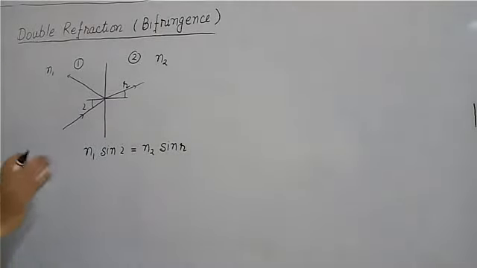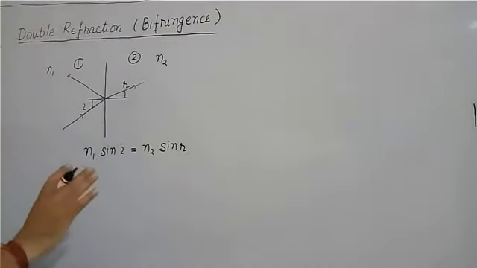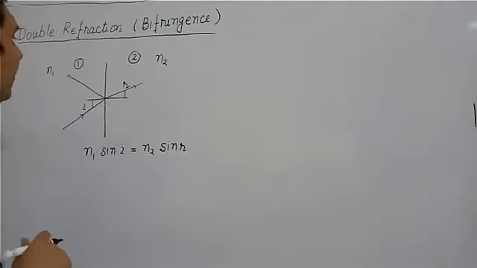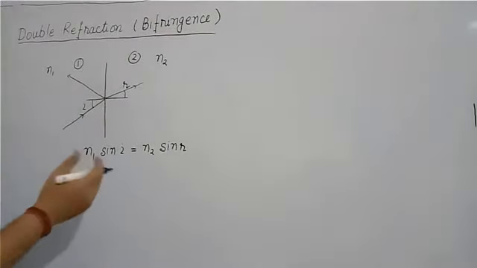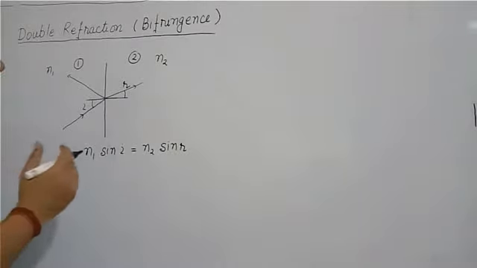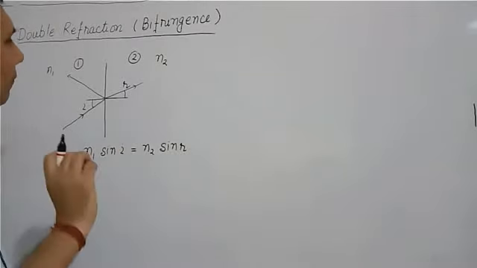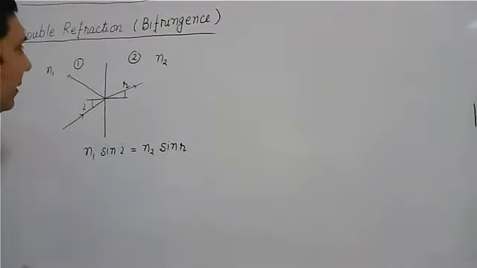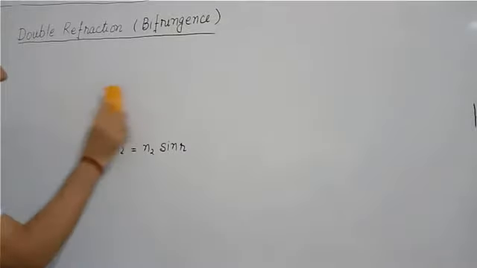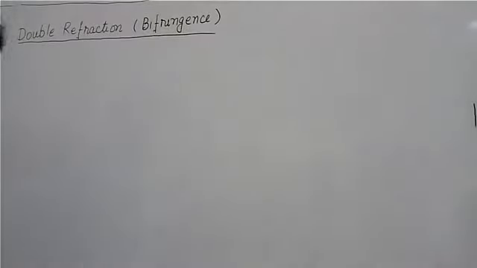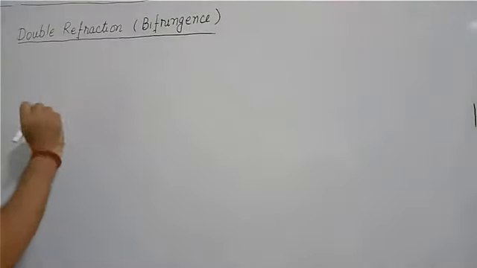But in nature, there are many anisotropic mediums on which if a ray of light is incident, then for one incident ray of light, we will have two refracted rays. These anisotropic mediums are known as doubly refracting mediums. And simple examples of doubly refracting mediums are calcite, quartz, topaz, tourmaline.